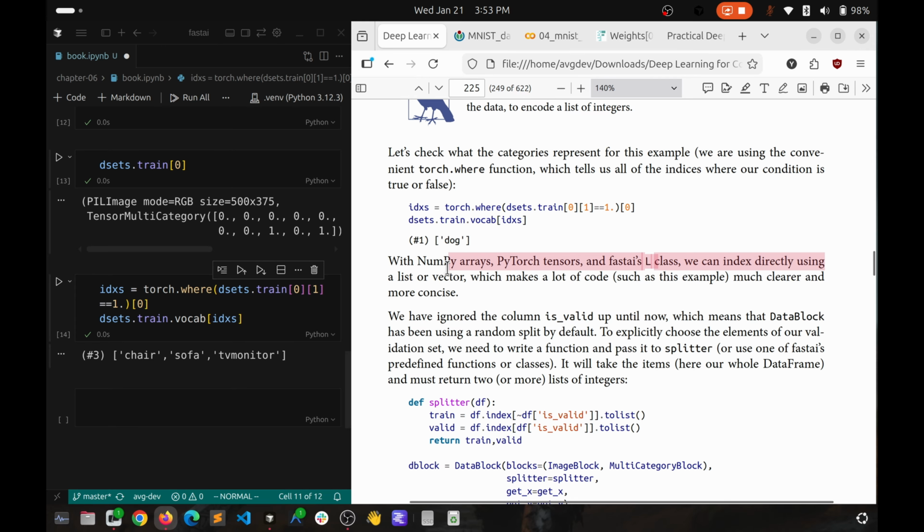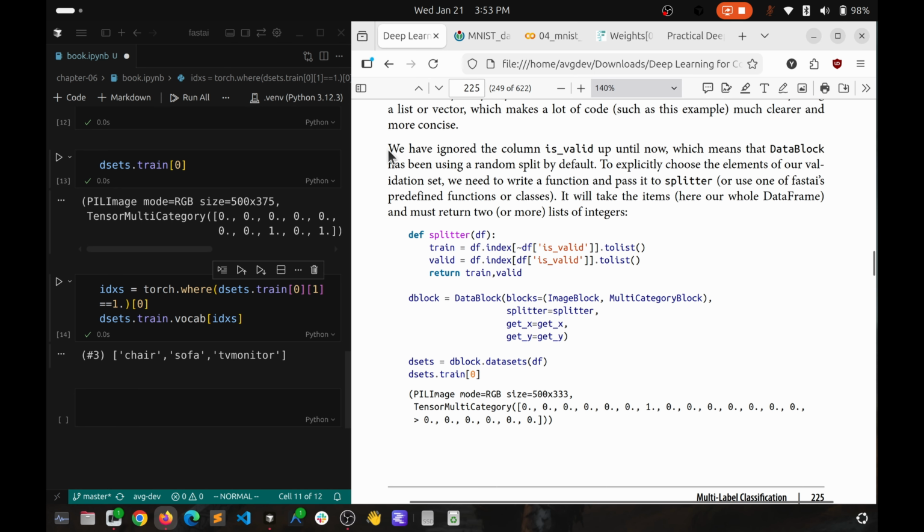With NumPy arrays, PyTorch tensors, and fastai's L class, we can index directly using a list or vector, which makes a lot of code, such as this example, much clearer and more concise. We have ignored the column is_valid up until now, which means that the data block has been using a random split by default. To explicitly choose the elements of our validation set, we need to write a function and pass it to splitter, or use one of fastai's predefined functions or classes.